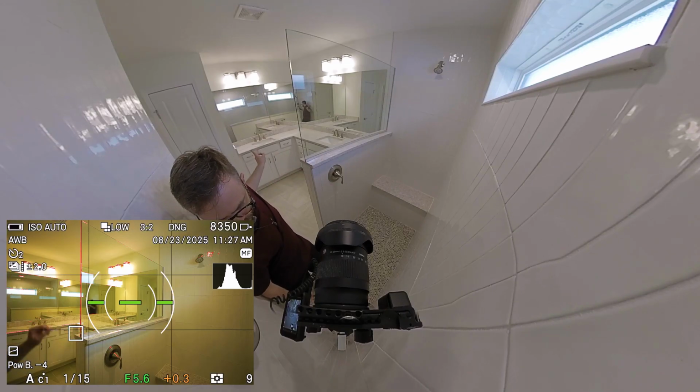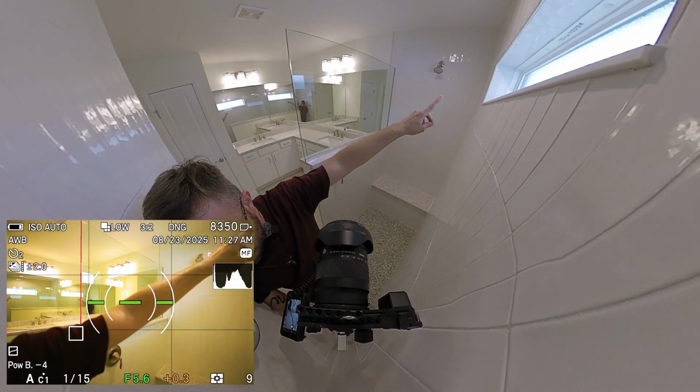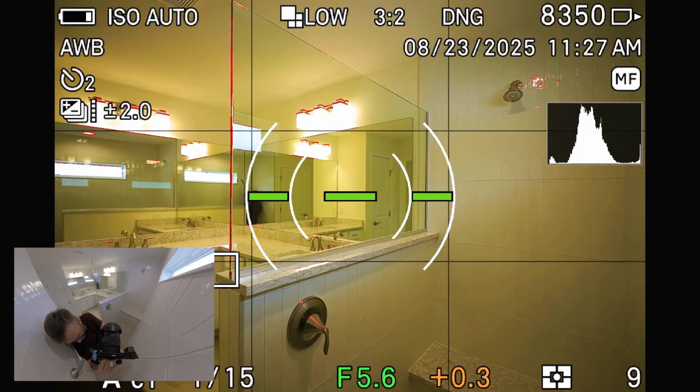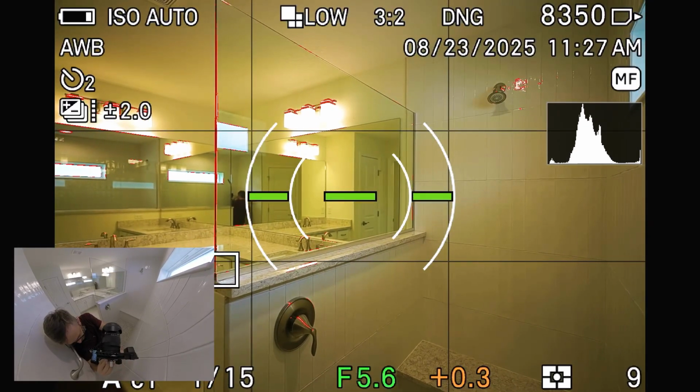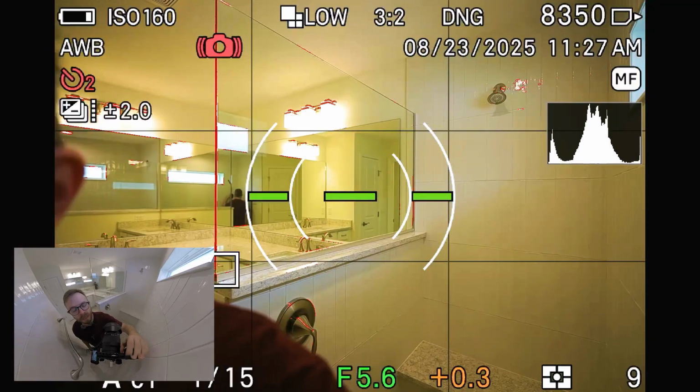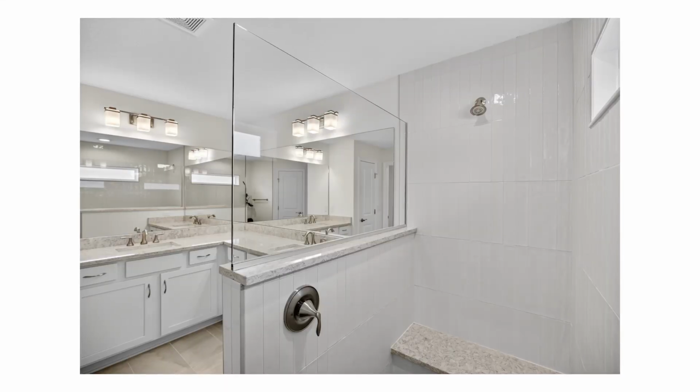But I'm losing the corner here. So I'm gonna prioritize the window, not the corner. The window tells me more information about this bathroom than getting that thing completed. So here we gotta press and duck.